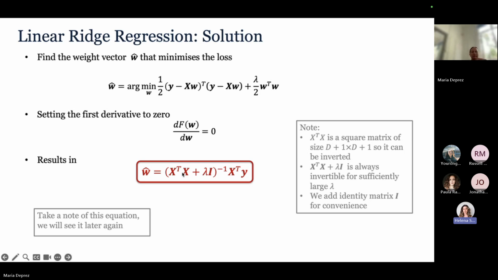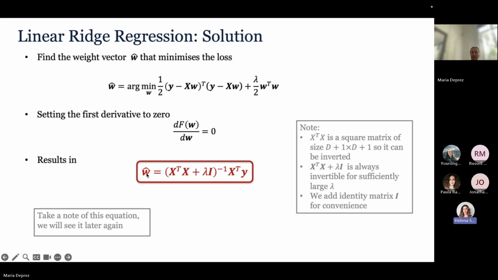And then if you have lots of noise, not enough data, when you invert the matrix, you get a very messy solution. Or if you don't have enough points, you might not even be able to invert it at all because it's not full rank. So that's why, if you add the lambda on the diagonal, you will improve the stability.